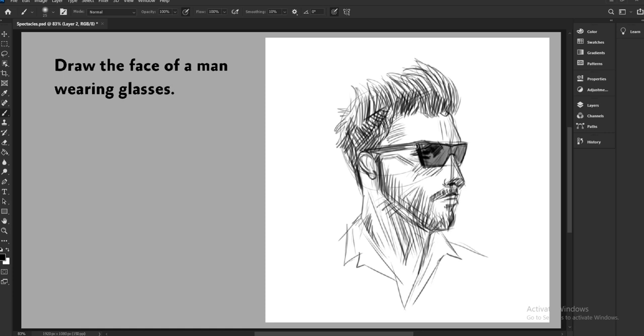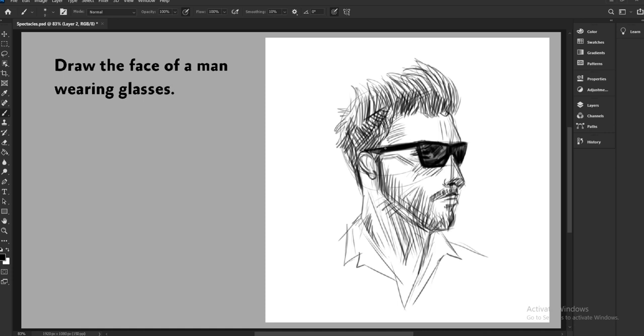All right, and then you can bring out the glasses like this.